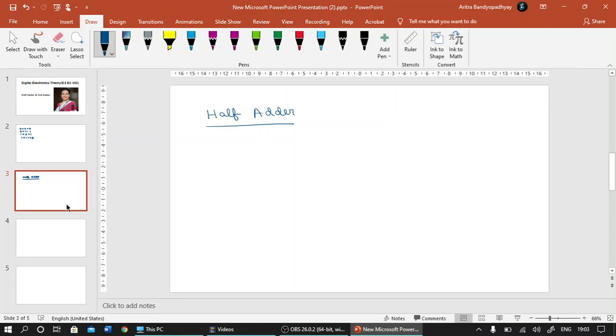The input variables designate the augend and addend bits, and the output variables produce the sum and carry. We can assign the symbols x and y for the two inputs, and S (sum) and C (carry) for the two outputs.